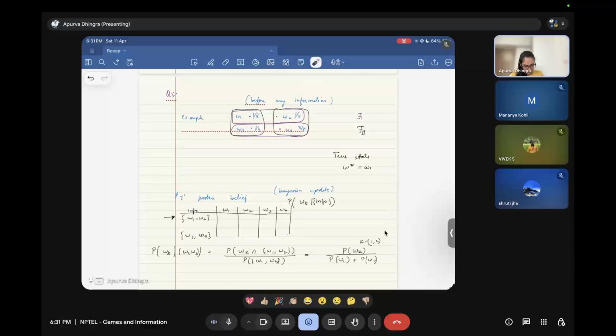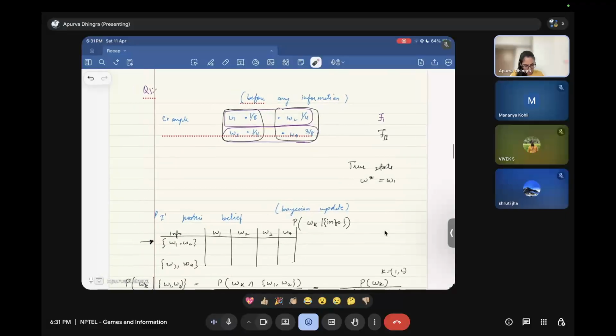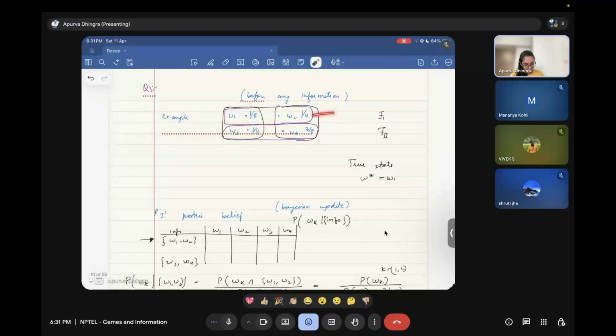These two are one information set, and these two are another partition. The black ones are partitions for player 2 and these are for player 1.